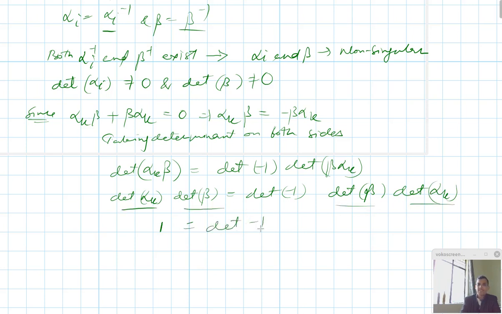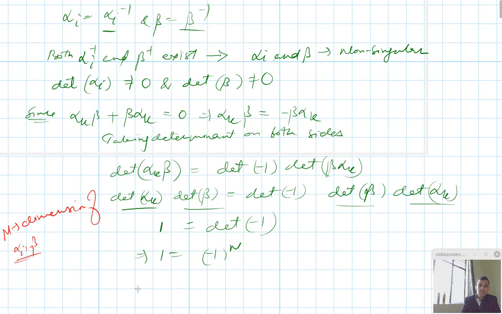So 1 is equal to minus 1 raised to power n. Here I have chosen that n is the dimension of alpha and beta, or alpha i and beta.